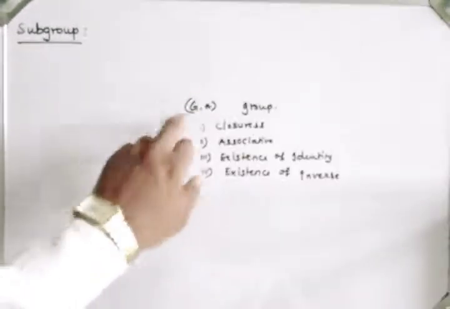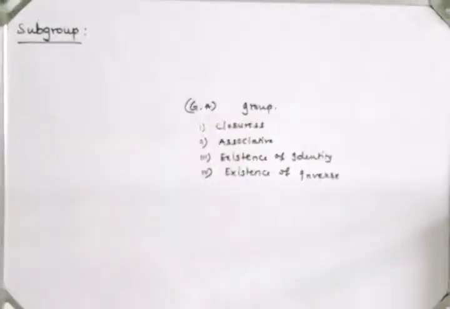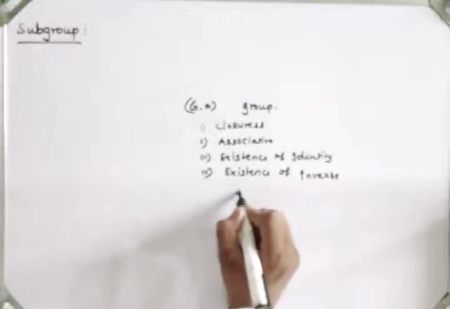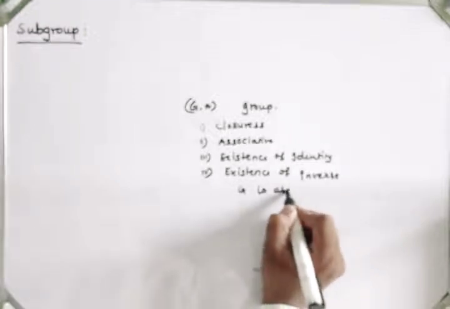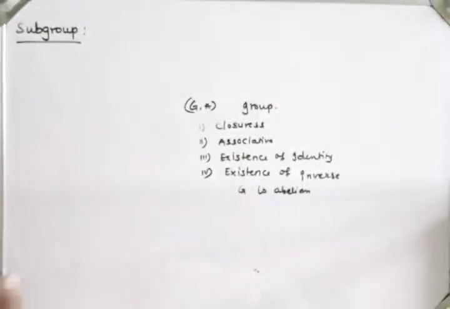And we say that G under binary operation star is an abelian group if, as one more condition, G is abelian. Here we will see subgroup. What is meant by subgroup?